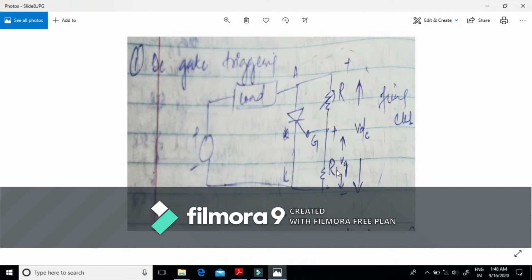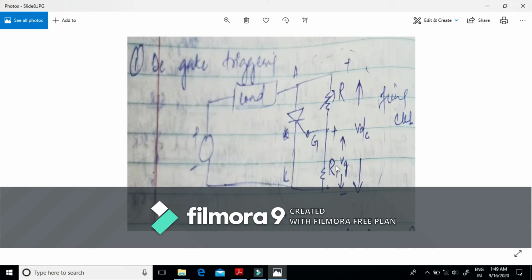If VG is lower than VG minimum, or IG is less than IG minimum, the SCR will not get turned on.